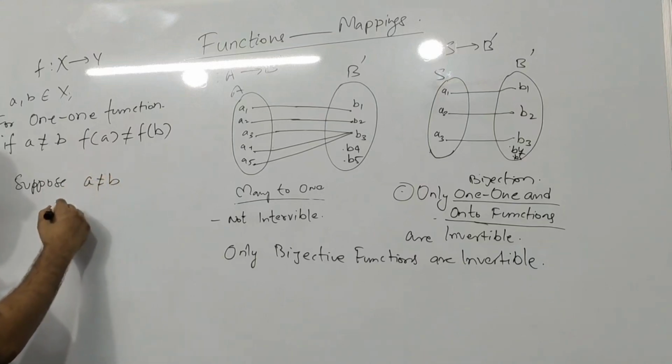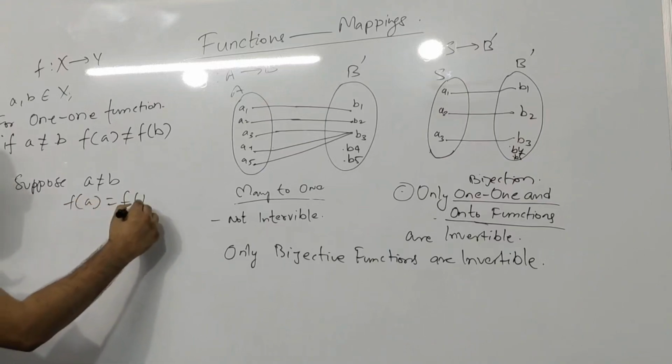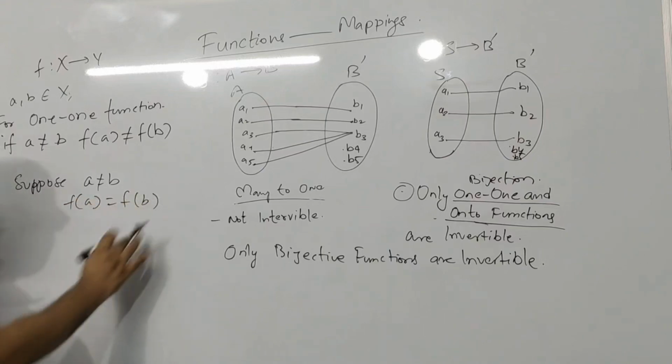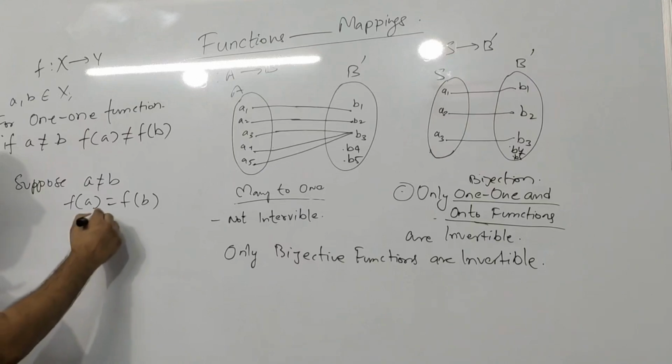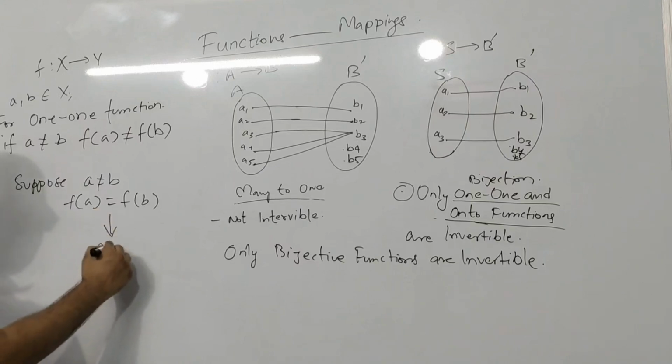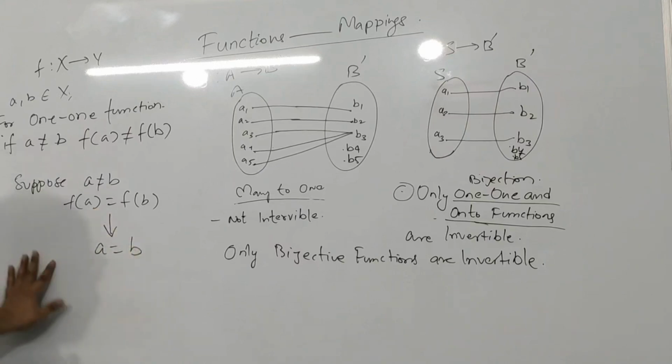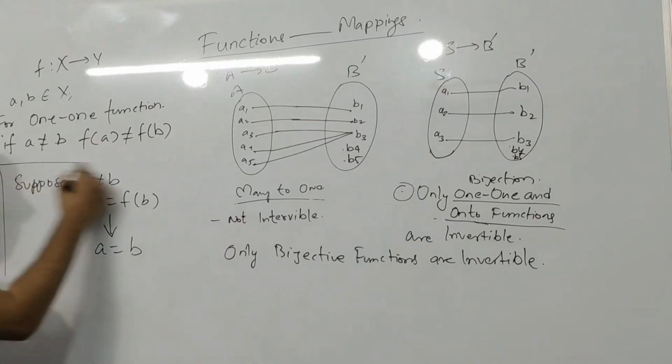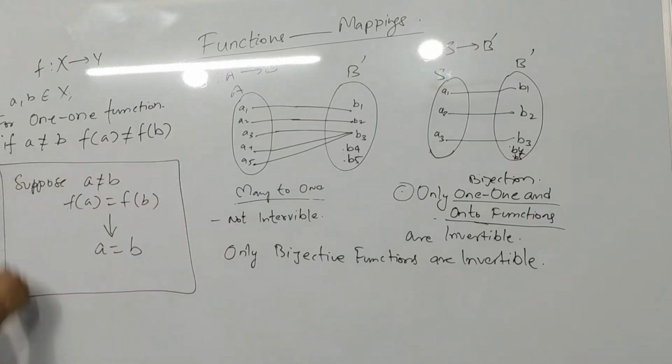Suppose A is not equal to B, and you try to show that f of A is not equal to f of B. Solving this will ultimately give you that A is equal to B. If this happens, it means the function is one-one.